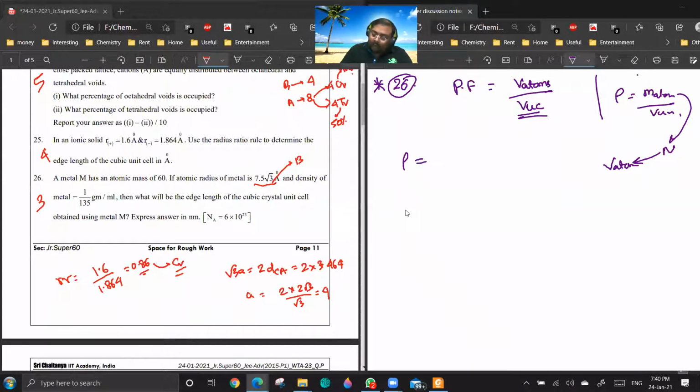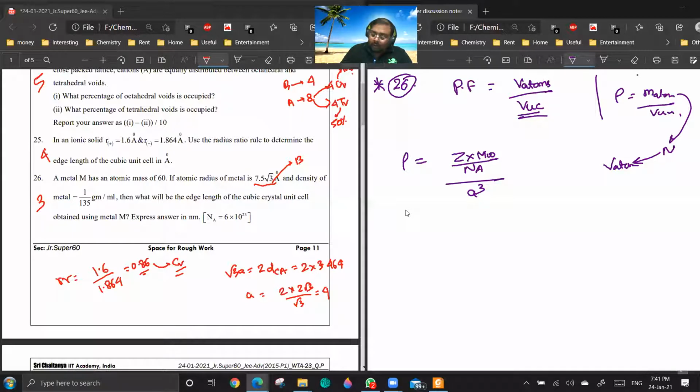Okay. So we write rho as Z into MW by NA by a cube. Is it not like that? Now you see, a cube is what?